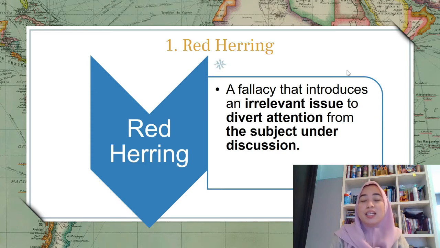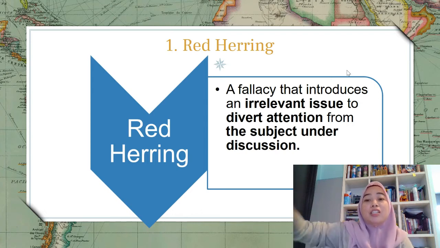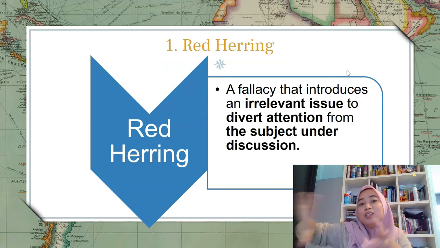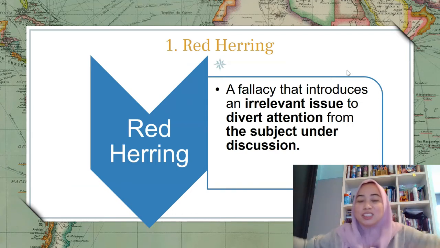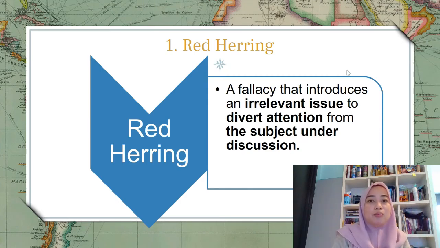What he did is that he jumped into the sea full of red herring, and it is used to cover and divert people's attention from him. So basically, red herring is a type of bad argument that introduces an irrelevant issue in order for people to see that issue instead of seeing what exactly is the subject that we're talking about.